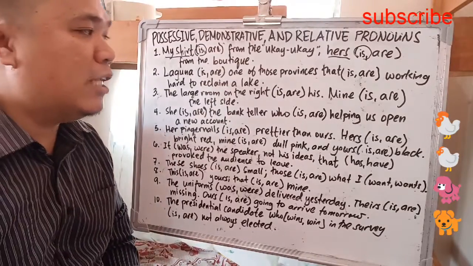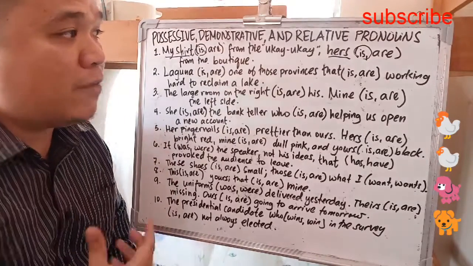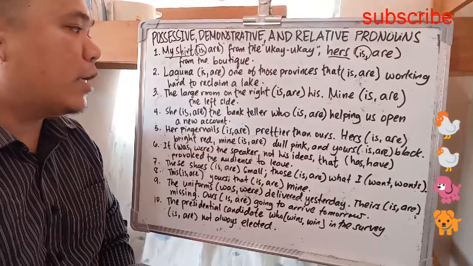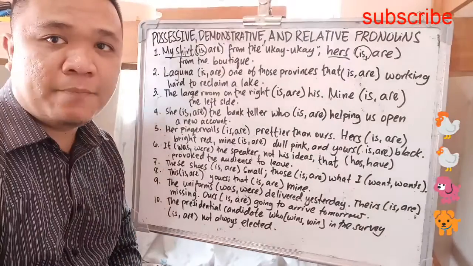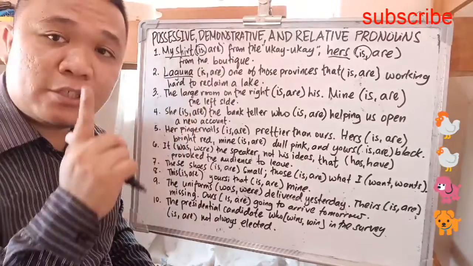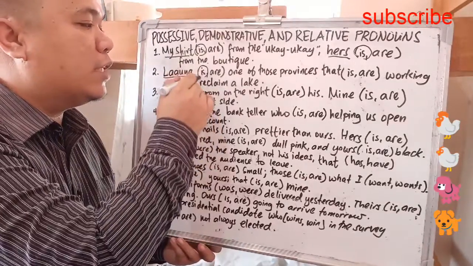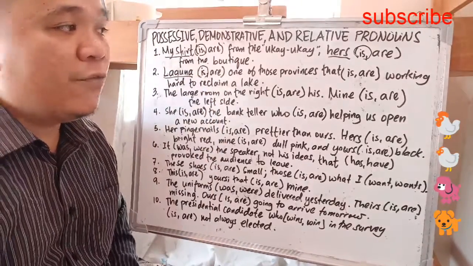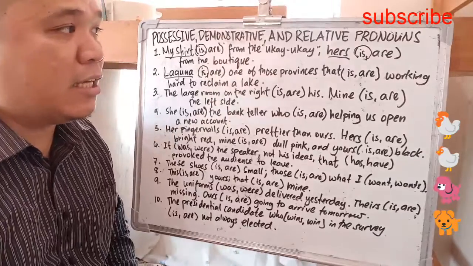Okay, next, Laguna is one of those provinces that is/are working hard to reclaim a lake. Now our subject here is Laguna, and there's only one Laguna, so we're using the verb is. One of those provinces that is or are.